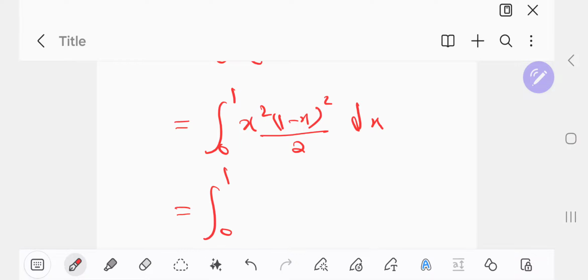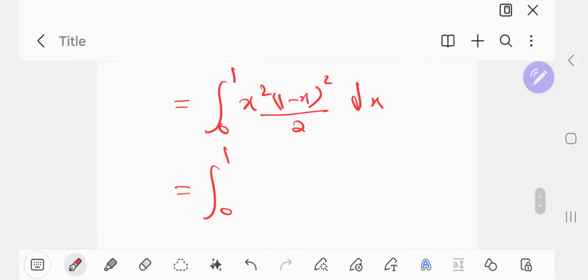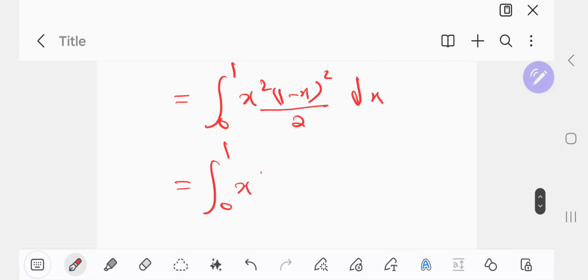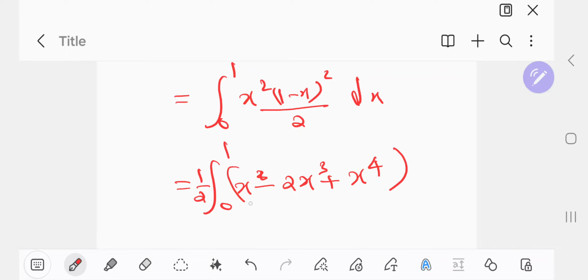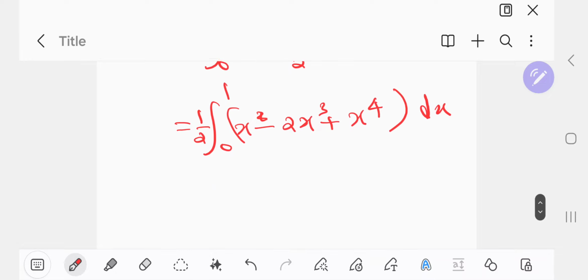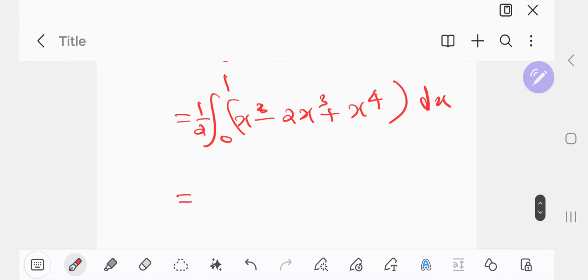Integral from 0 to 1 of x squared minus 1 by 2 times (1 minus 2x plus x squared, multiplied out: minus 2x cubed plus x raised to 4) dx. Now this integration you can do. The answer will be 1 by 60.